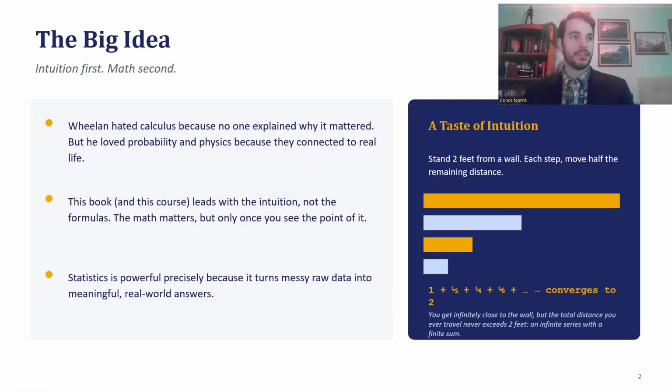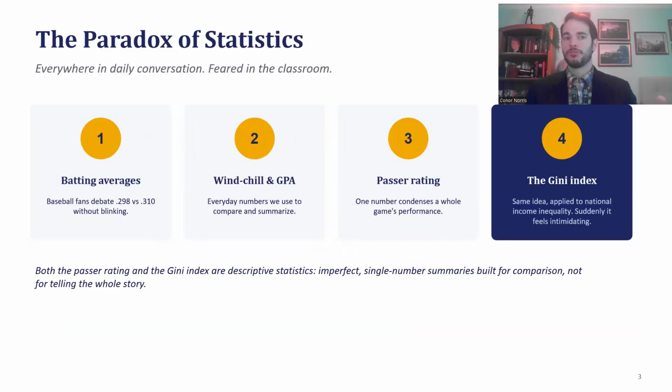You start at 2 feet, you move to 1 foot, then half a foot, a quarter foot, all the way. You keep getting closer and closer, but you never quite touch it. That's how he came to understand the asymptote. That's what we want to handle with this chapter and with this textbook as we go throughout the course.